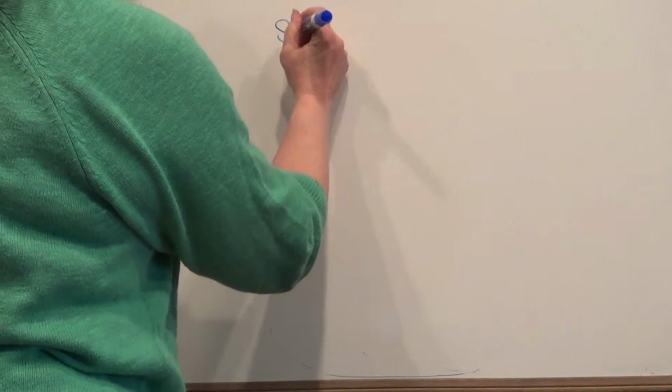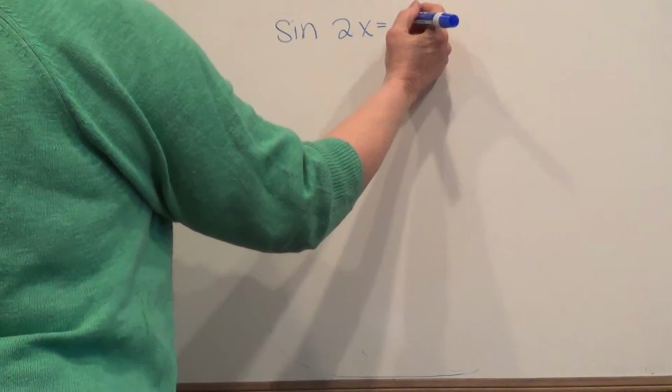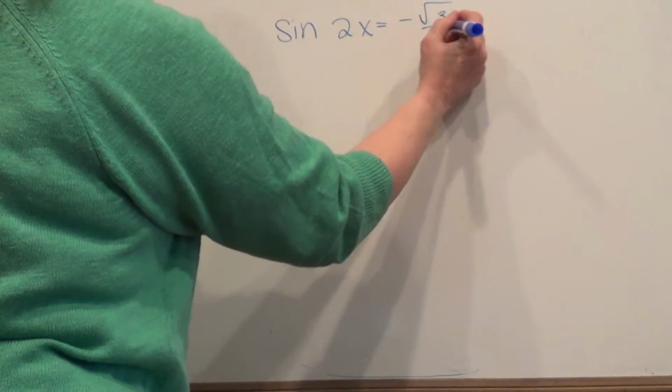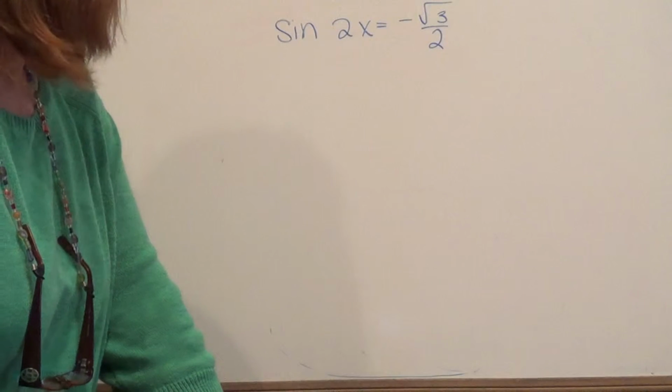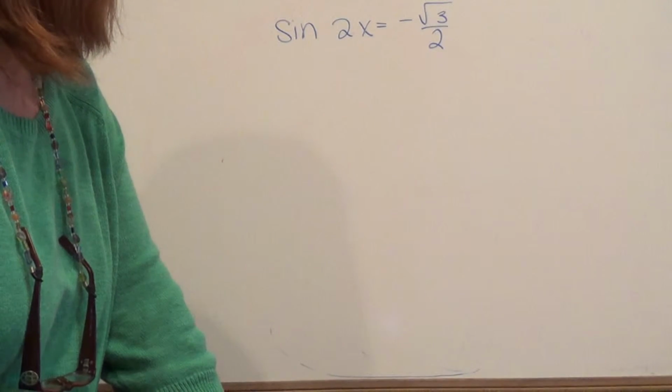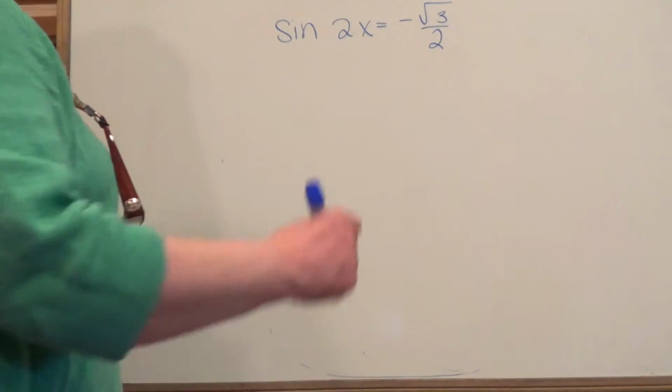I think I'll have to do 2 examples. And this is sine of 2x equals negative square root of 3 over 2. Which initially looks like one that we could do very simply, and it looks like we're about done. Maybe do something with this 2, and that's where the problem comes in.